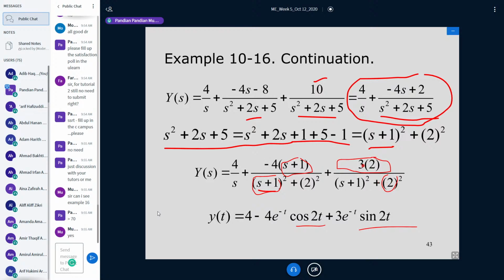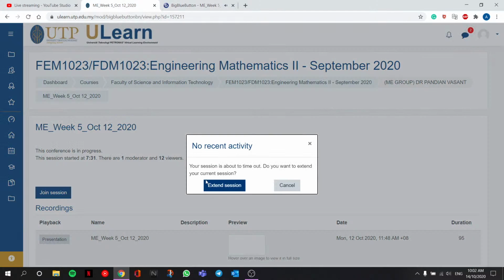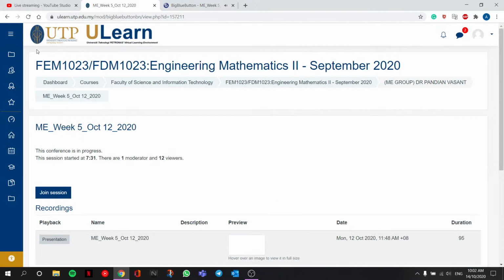So here 3 is outside. And then e power, this is S plus 1. My A is minus 1t. And this one 2 sine 2t. So this is your final answer. Yt equals to 4 minus 4e minus t cos 2t plus 3e minus t sine 2t.